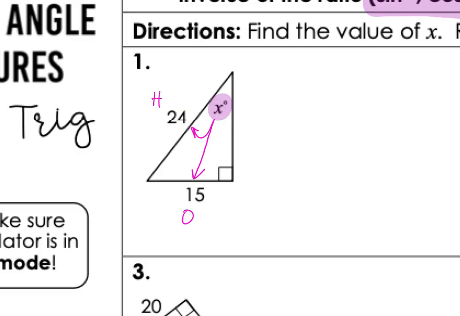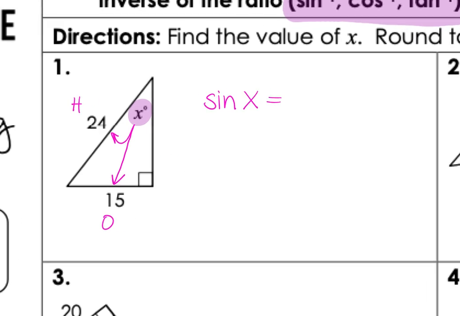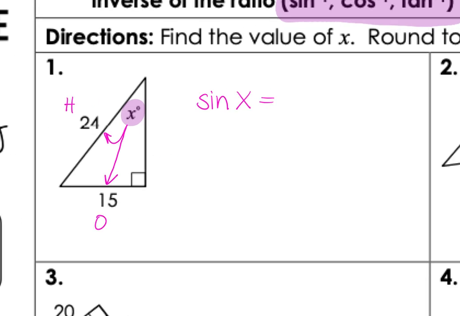The sine. Okay, next move. The sine of what? It's always the angle that comes after the trig. So this is the sine of x equals 15 over 24.